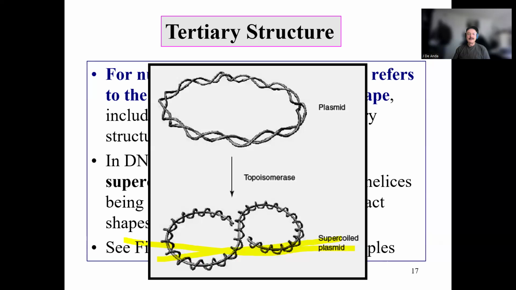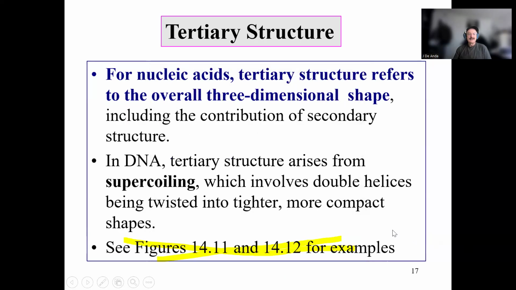And what an enzyme called a topoisomerase can do is it can basically put a nick in there and cause this thing to form a supercoiled or a very tightly wound piece of DNA. So something like that happens in bigger cells. It's essentially a tighter, more compact shape.